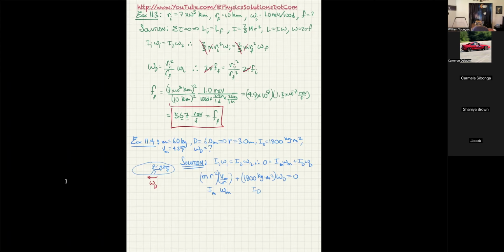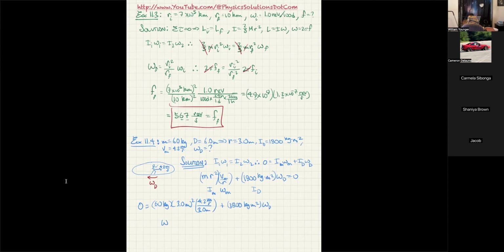So now we can plug in the numbers. The numbers are the following: 60 kilograms times 3.0 meters, because he's running at the edge, so it's the full radius, squared, and then we take 4.2 meters per second and divide that by 3.0 meters, and that's that velocity. Let's put the 0 on this side, equal to 1800 kilograms meter squared times omega d.